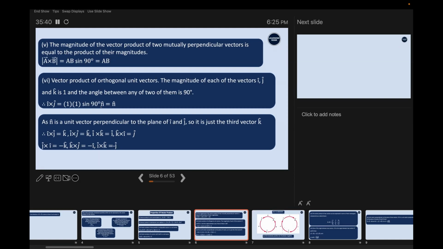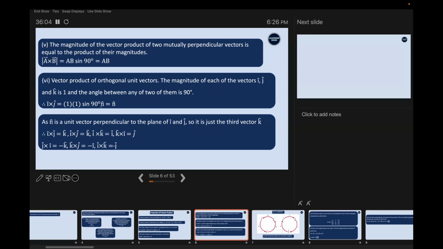So when you do i cross j, what is the axis? i is the x-axis, j is the y-axis. So i cross j is lying in the xy plane. What is the vector perpendicular to the xy plane? It is z. It can either be positive z or negative z, right?